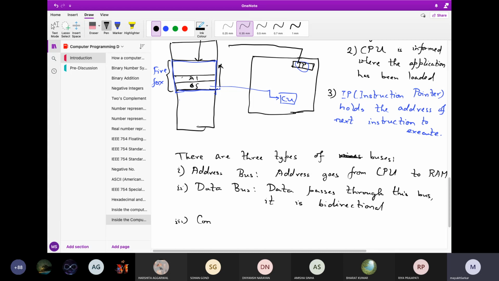Whereas the control bus generates from the control unit and goes in all directions within a machine.